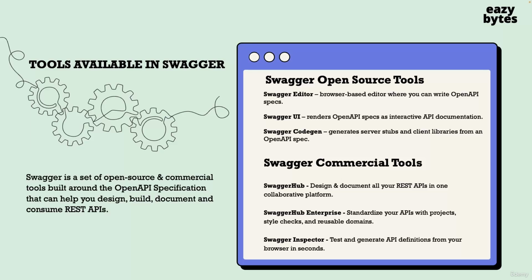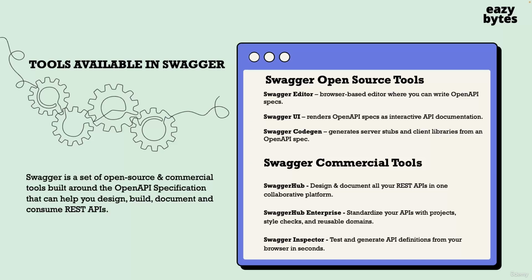And now coming to the commercial tools. There are tools with the names Swagger Hub and Swagger Hub Enterprise. Using these tools, big enterprise organizations can build an environment like a GitHub repository or Docker Hub repository.